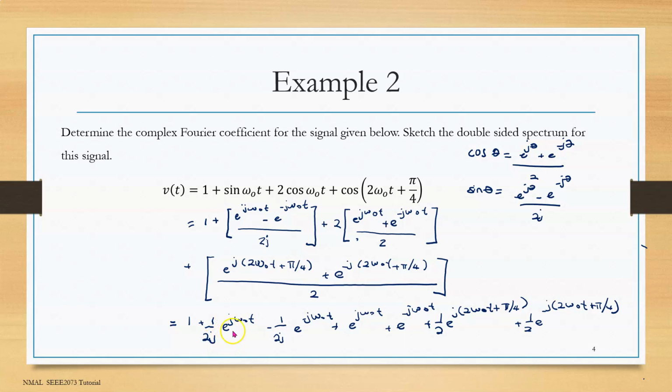Based on this equation, did you notice that we have the same frequency part, for this one exponent j omega naught t, and this one exponent j omega naught t, and this one as well exponent negative j omega naught t. So you rewrite this equation so that you put together the terms with the same frequency. From the previous page, the equation for v(t) will become v(t) equal to 1, which is the part n equal to 0.